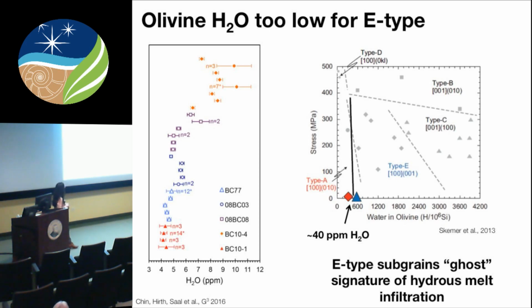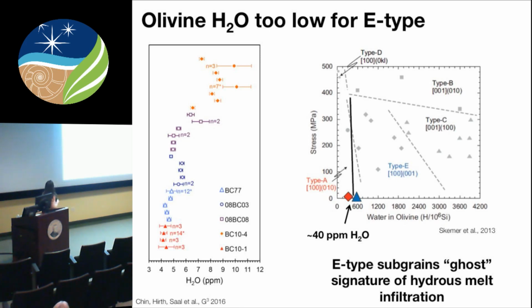So this is a plot from Phil Skemer et al., where they look at natural prototypes, but also these are experiments, and the critical water content for transitioning from your normal dry A-type fabric, which most of the mantle appears to be, to a more hydrated fabric, like one of these E or C-type ones, is about 40 ppm.